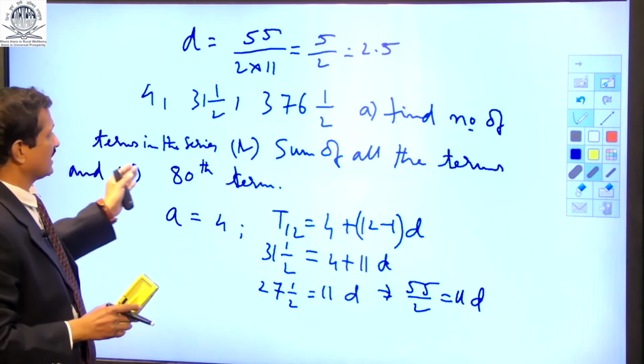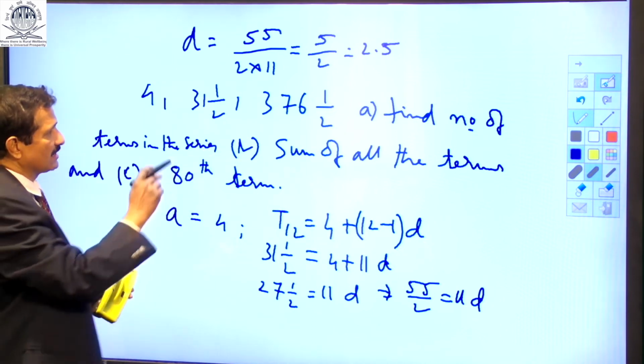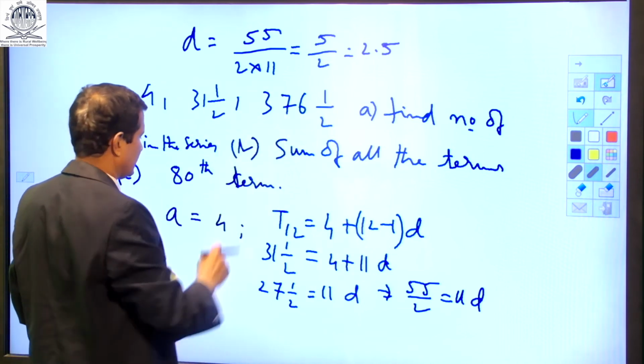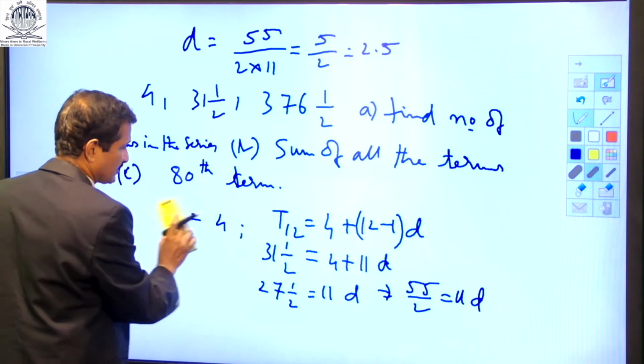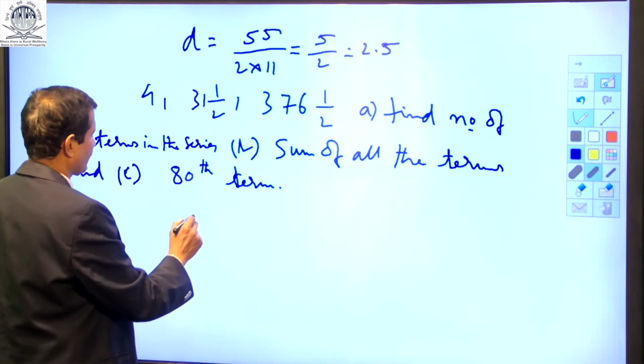The first question is asked, find the number of terms in the series. Also the last term is given as 376.5. Now let us proceed. Let the terms be n.